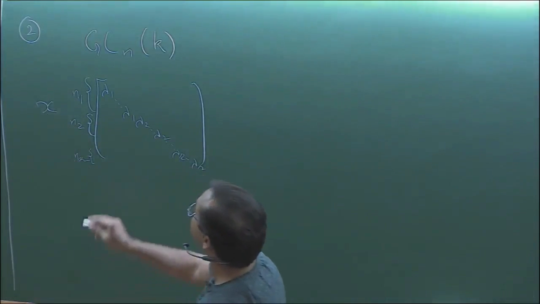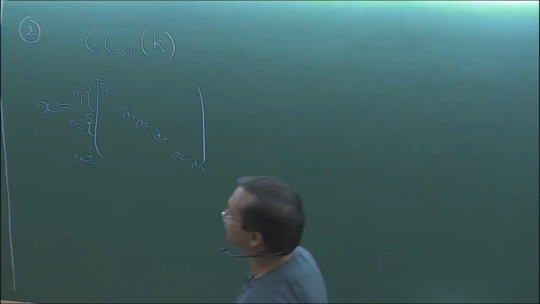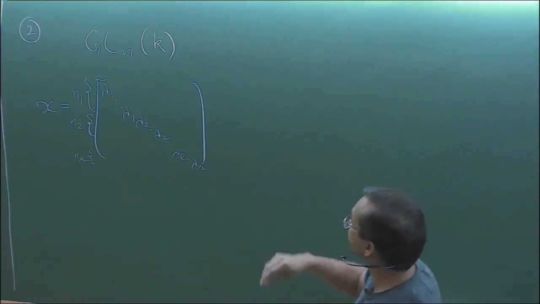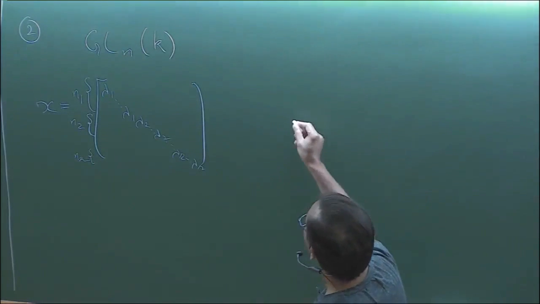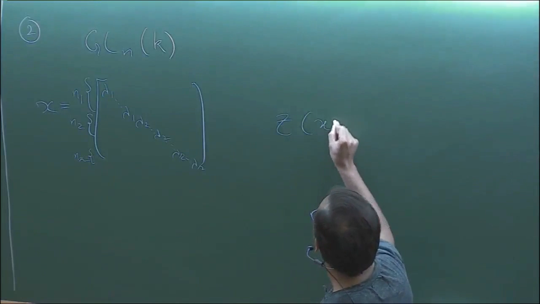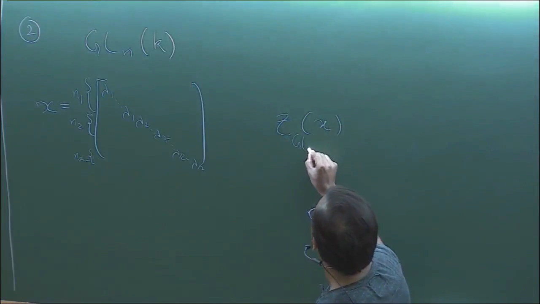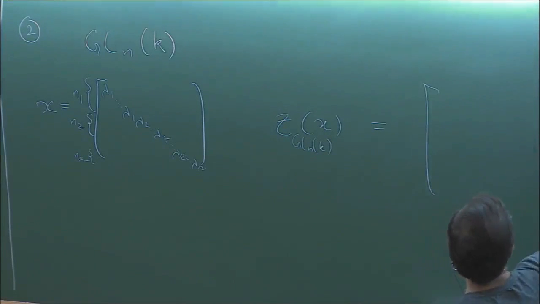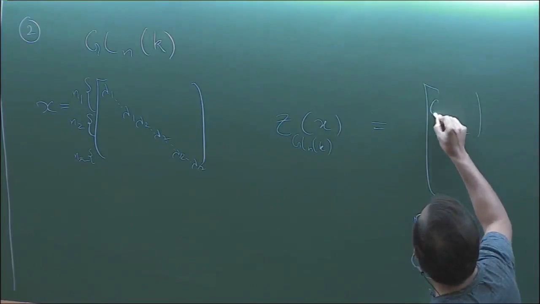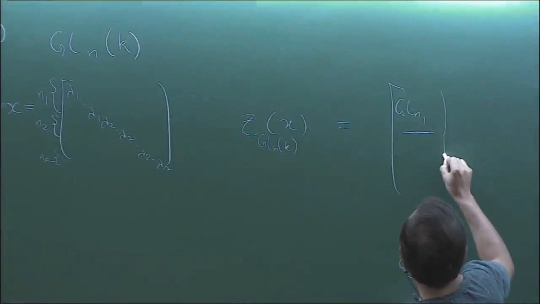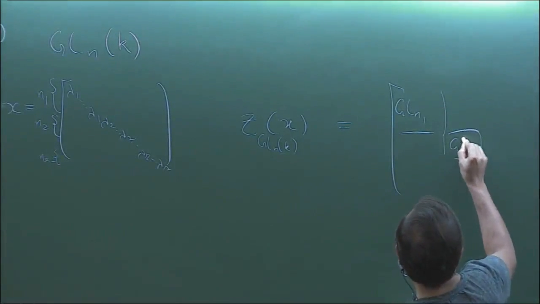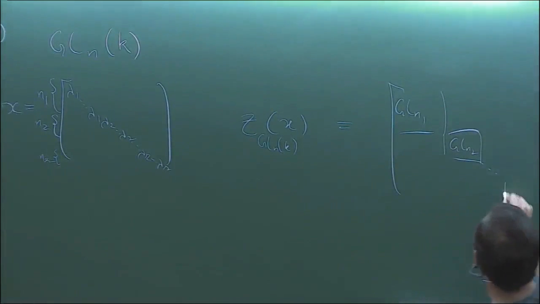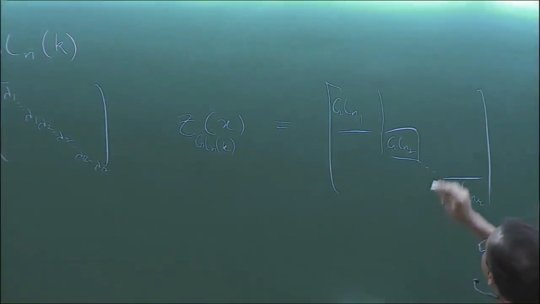Let's say this is my element x in GL_n(K). This is a diagonal element, so it's semisimple. If I compute its centralizer, a computation we all did earlier, this will be GL_n1 times GL_n2 and so on up to GL_nr.